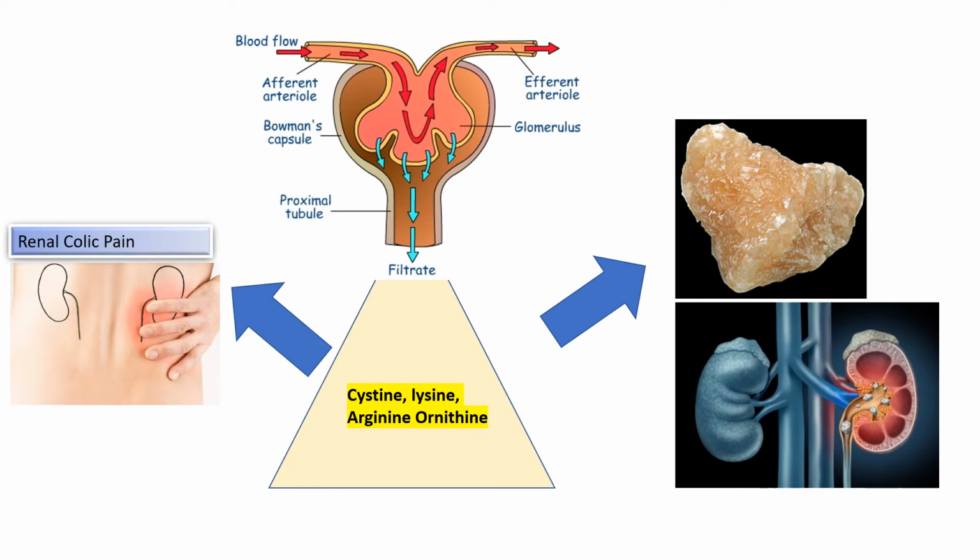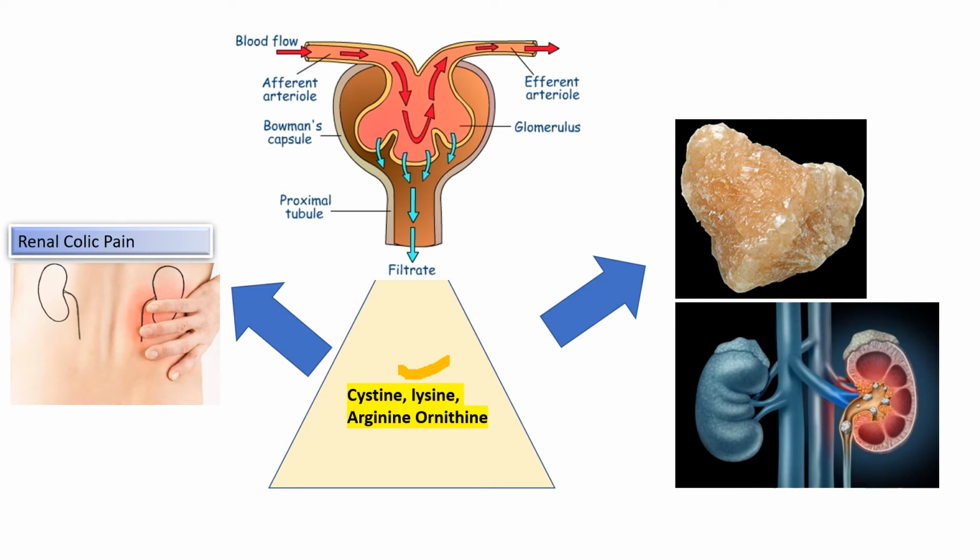Now normally there is filtration and reabsorption, but in cystinuria there is increased excretion of cystine, lysine, arginine, and ornithine. Cystine forms a cystine stone, and this stone accumulates in the renal pelvis. It may come into the ureter, bladder, or urethra.